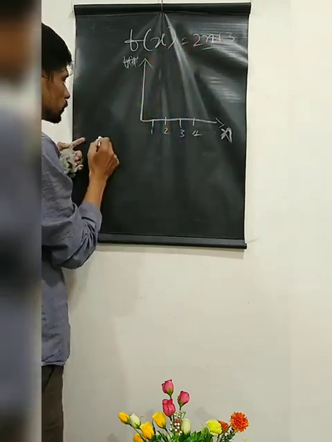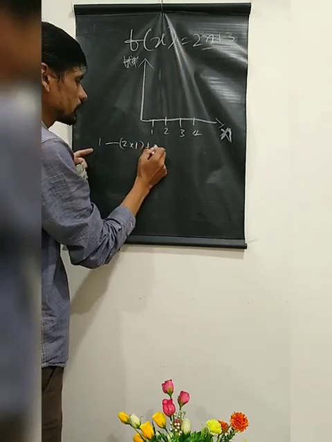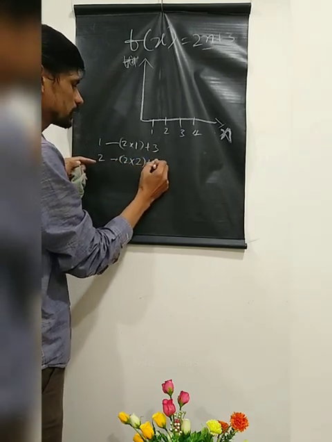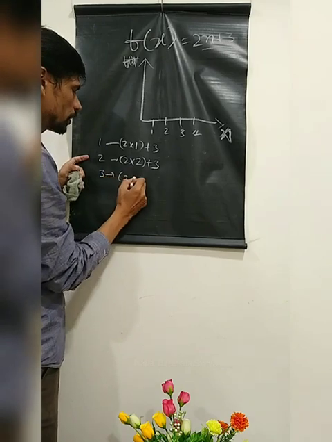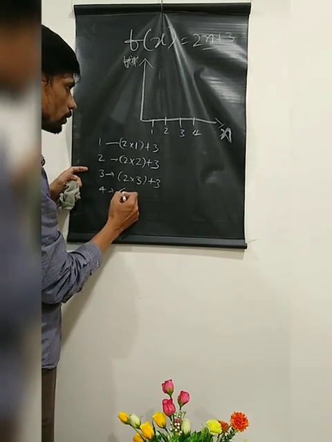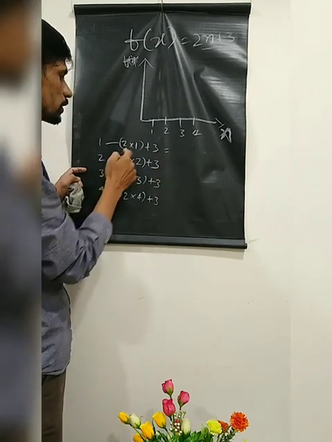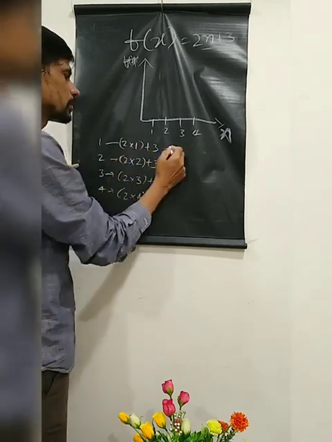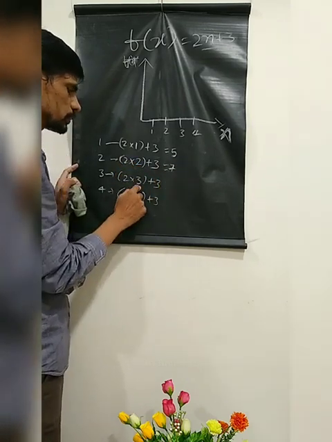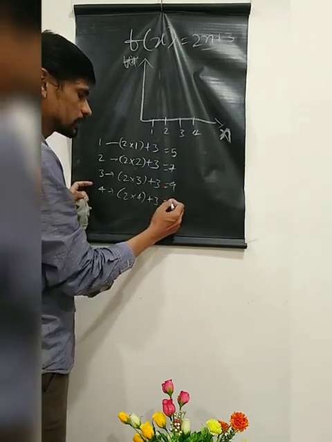For 1, 2 multiplied by 1 plus 3 is 5. For 2, 2 multiplied by 2 plus 3 is 4 plus 3, which is 7. For 3, 2 times 3 is 6, plus 3 is 9. For 4, 2 times 4 is 8, plus 3 is 11.